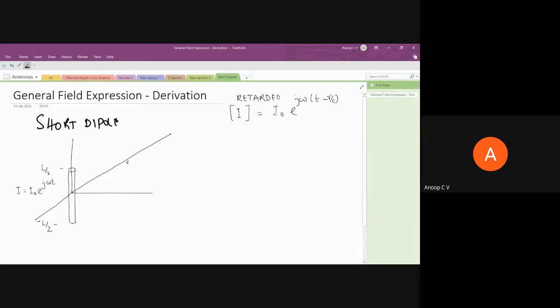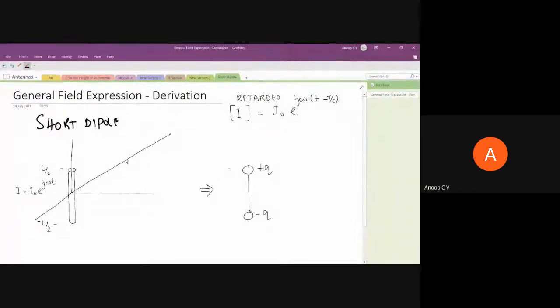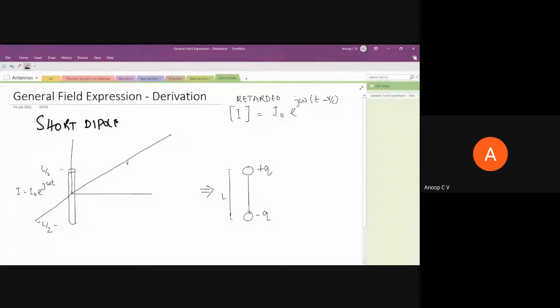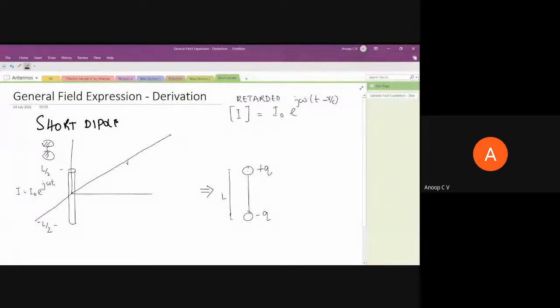One more thing we have seen, which will play a crucial role in this derivation, is that we can represent this setup equivalently as a dipole with two charges, plus q and minus q, separated by a length L. Even though it's a continuous conductor, a cylindrical wire type thing, because of the capacitive loading from the two discs at the ends, we can assume the entire charge is accumulated at both the top and bottom ends.